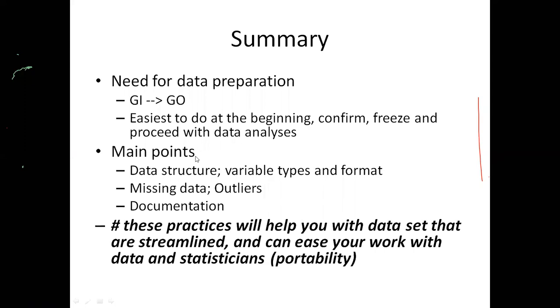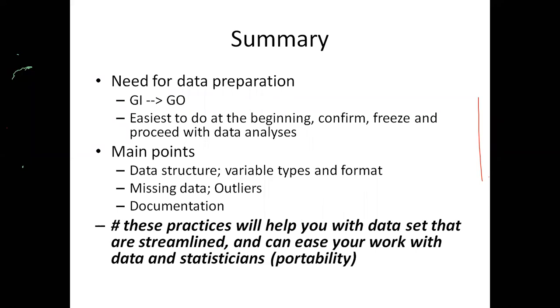So we also discussed some of the main points. We saw the structure that we discussed. We talked about variable types, classified as numeric and non-numeric types. We also looked at the importance of looking at missing data and examining outliers, and then having documentation that holds together the different elements of the data set.